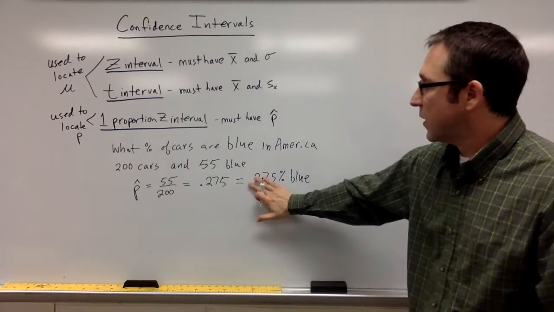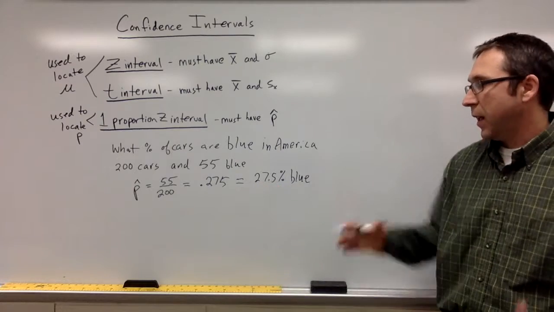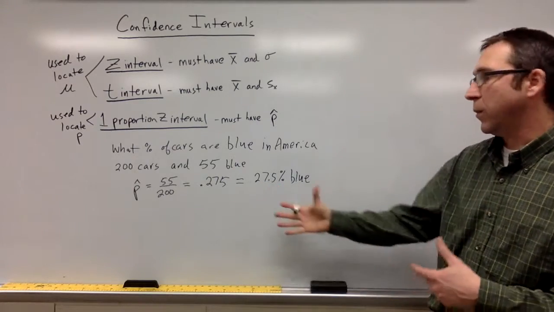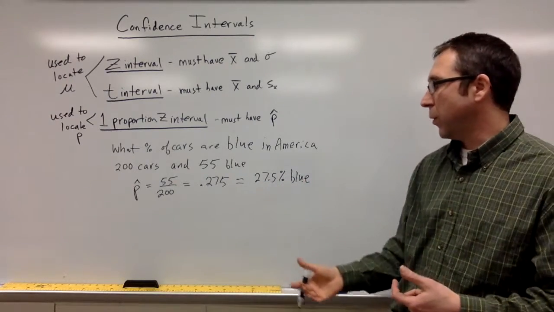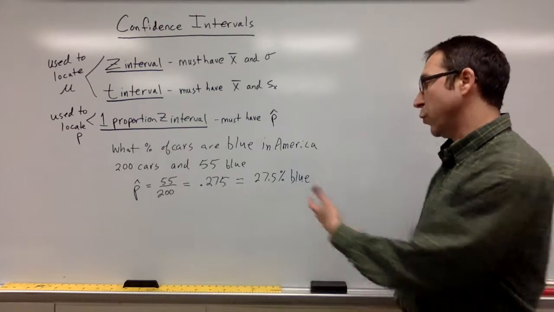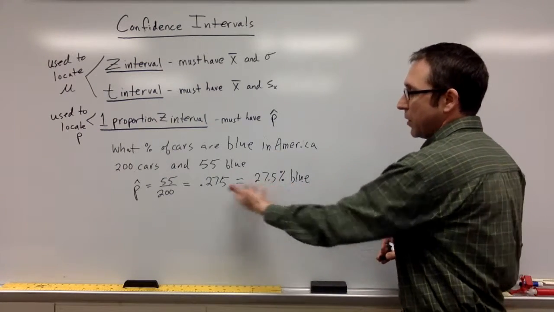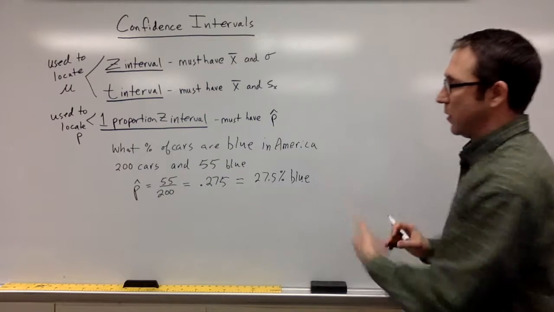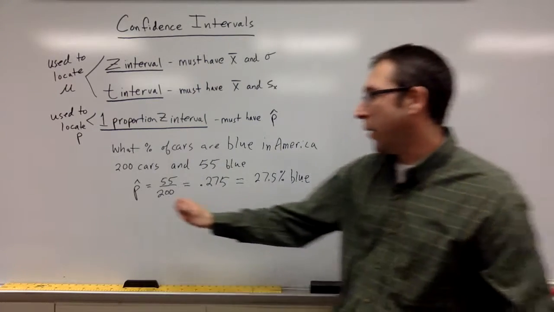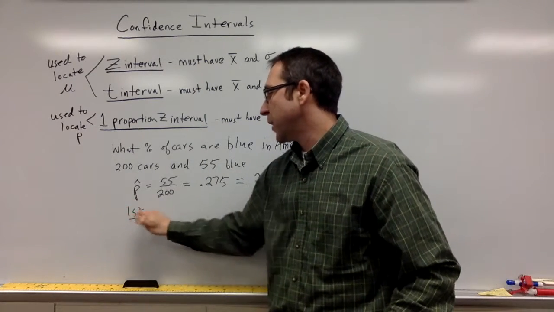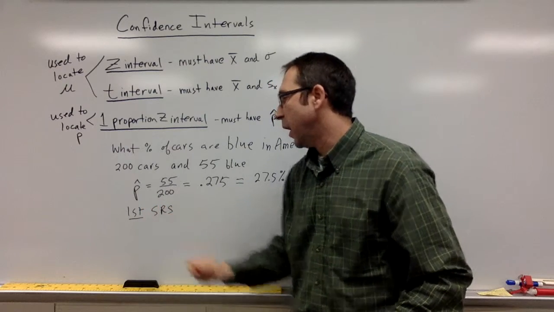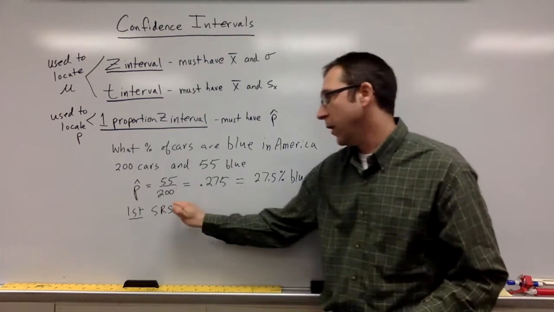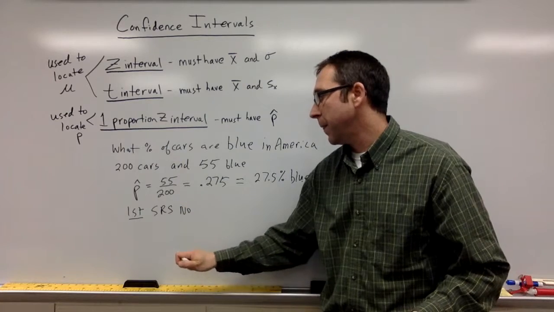So I'm going to use this point estimate as the middle of my interval and then go on from there to actually estimate what the true percentage might be in America. Probably someplace below 27.5 and someplace above it. To figure that out, again, it's 3 steps. The first step is very similar. To start off with, is it a simple random sample of cars? No, it's not.